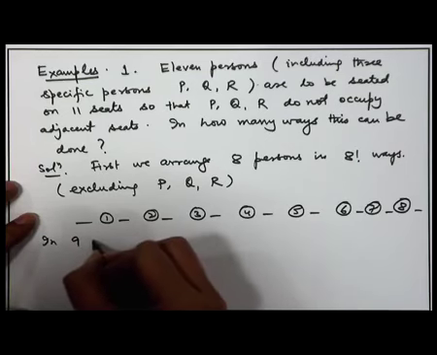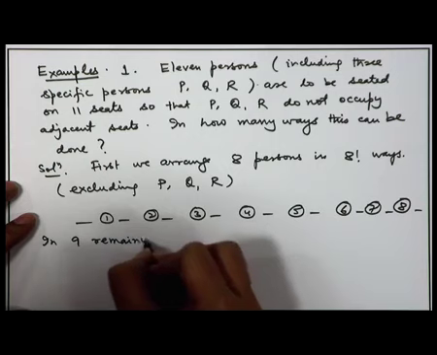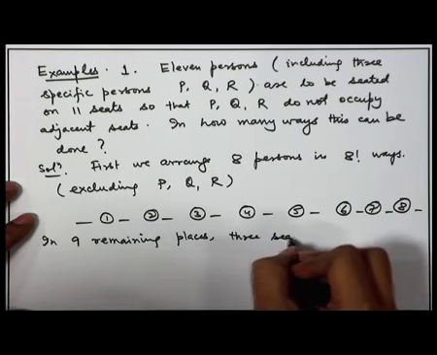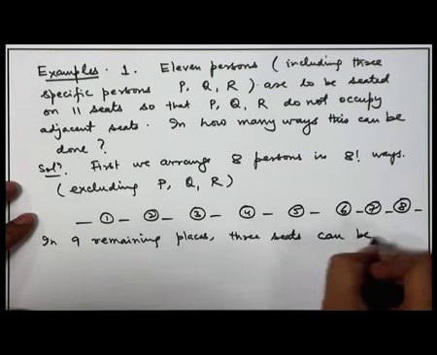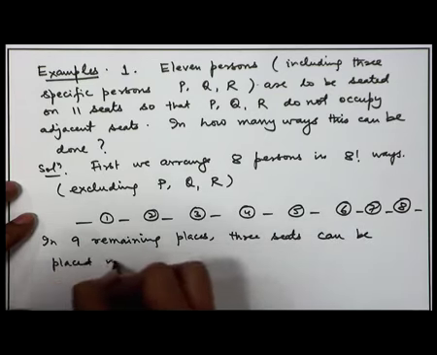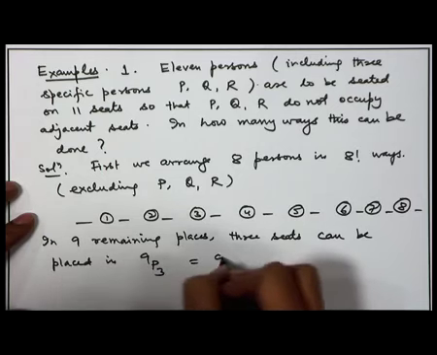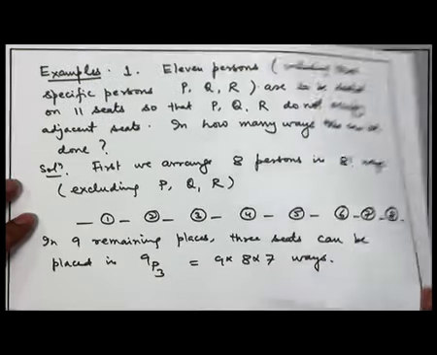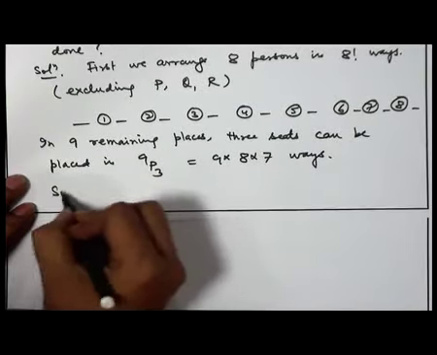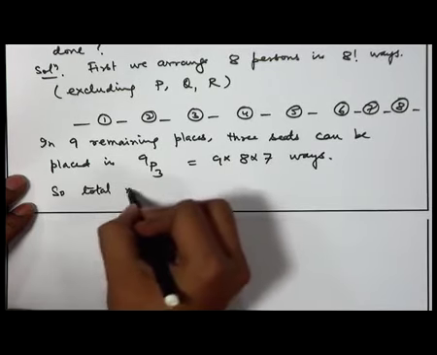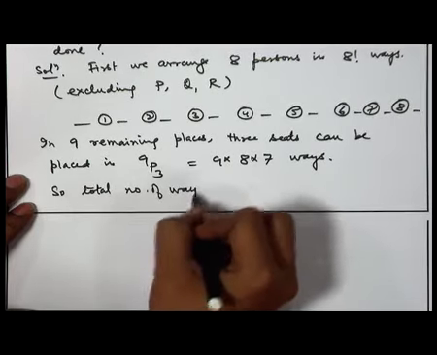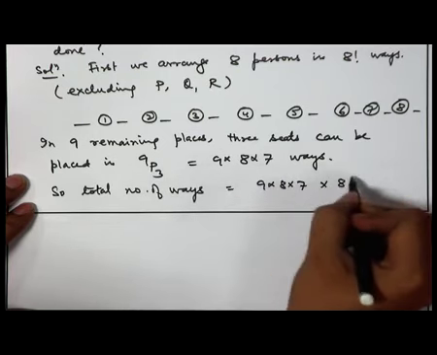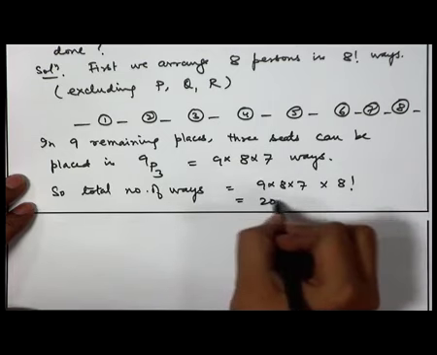In 9 remaining places, 3 persons can be placed in 9 P 3, that is 9 into 8 into 7 ways. So, the total number of possibilities becomes 9 into 8 into 7 into 8 factorial, which is of course a large number.